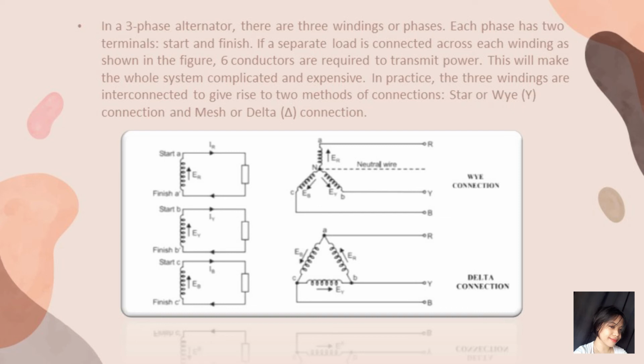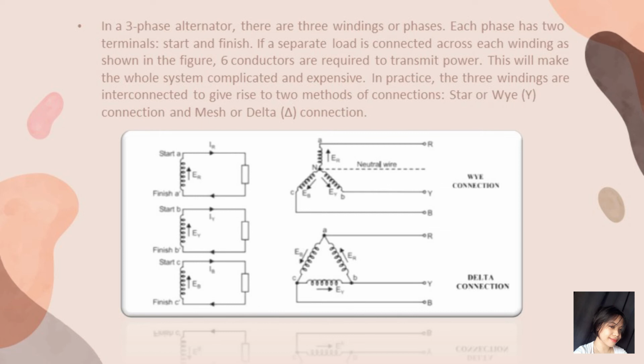If a separate load is connected across each winding as shown in the figure, six conductors are required to transmit power. This will make the whole system complicated and expensive. In practice, the three windings are interconnected to give rise to two methods of connections: the star or Y connection and the mesh or delta connection.